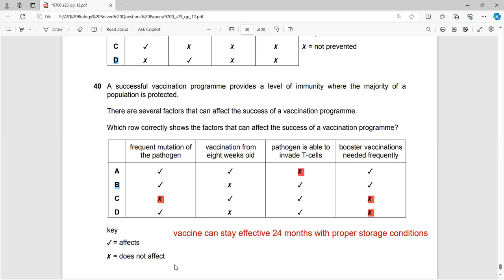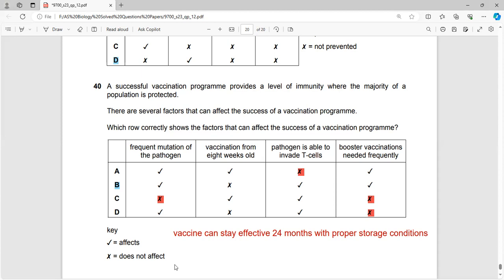Second, we have booster vaccinations needed frequently. Certain types of vaccines need a booster. Why? Because after getting the second dose, the patient is still affected by the same pathogen. So it means this vaccine is not triggering the immune system to produce enough memory cells, which can produce enough antibodies. So that's why we need more boosters.